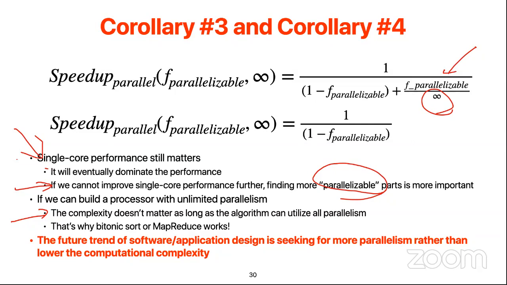It doesn't help you improve performance. Did you see that? In other words, if you live in a world with unlimited parallelism, the complexity of the algorithm, who cares? It doesn't translate to performance, right?